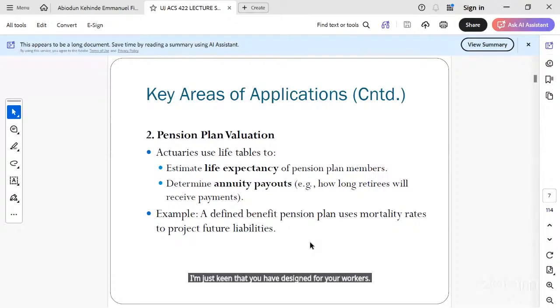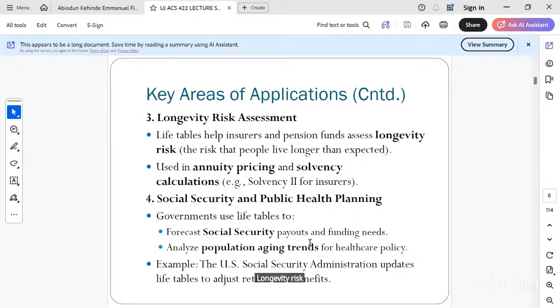So all of this will be possible when you have a reliable life table.